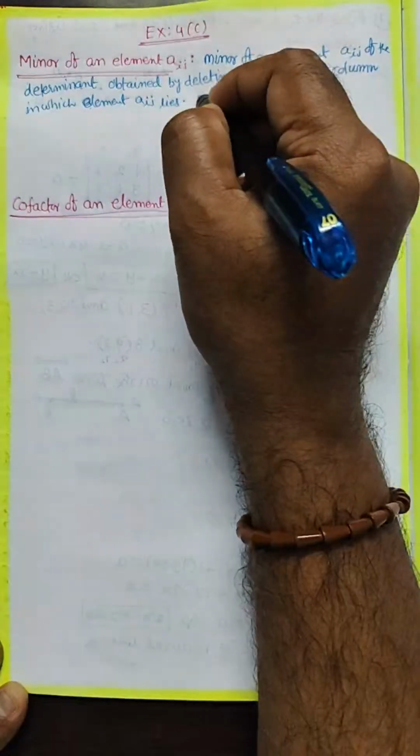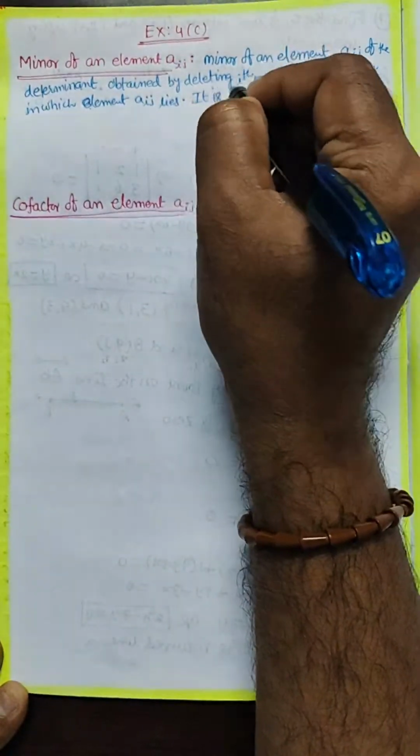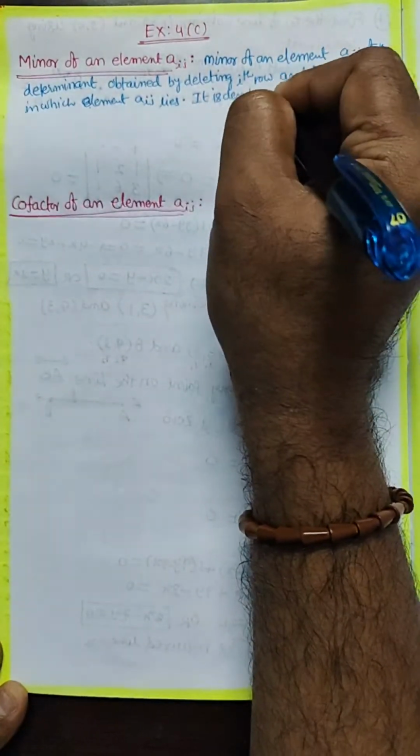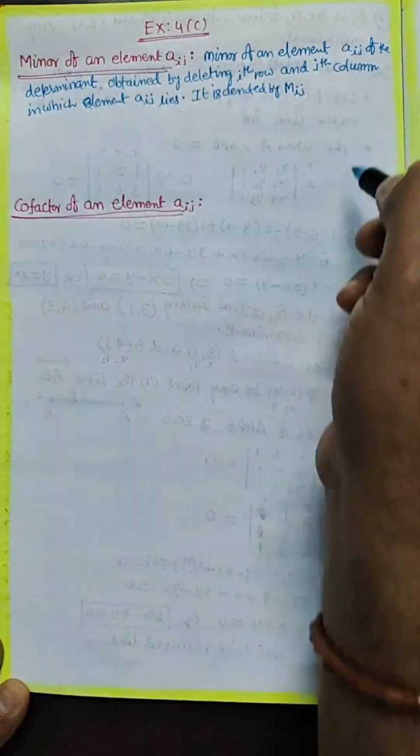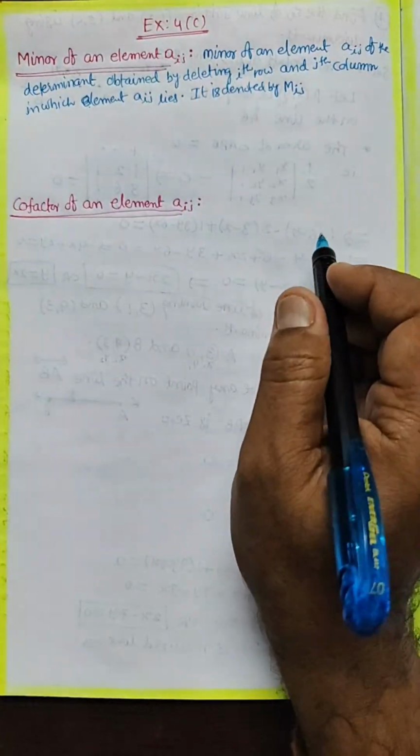It is denoted by Mij, that means minor of that element.